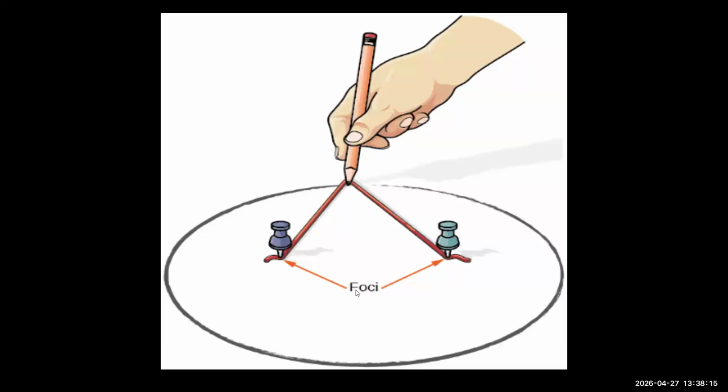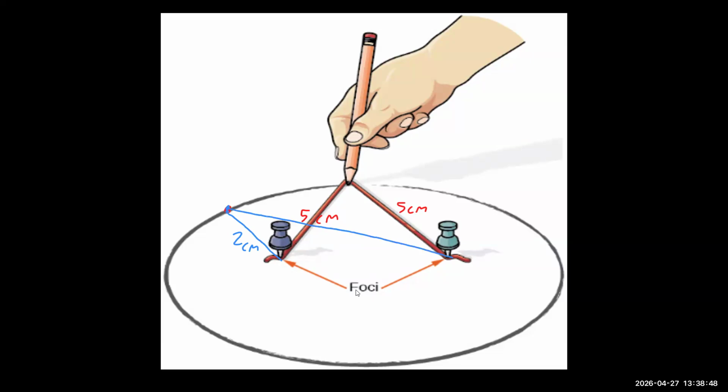Now, as I move around, I get closer to one pin or the other, but the length of that string stays the same. So for instance, let's say we have 5 centimeters of string here and 5 centimeters of string here. Well, as my pencil moves over here, this point would only be, maybe, 2 centimeters from this one.